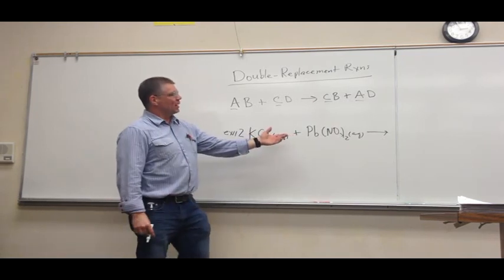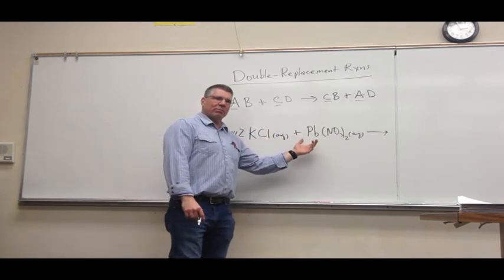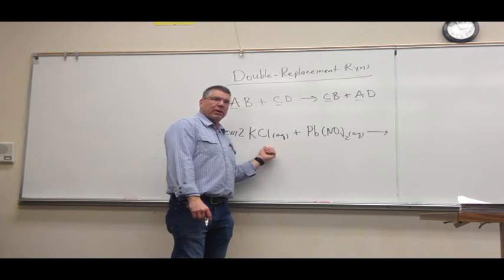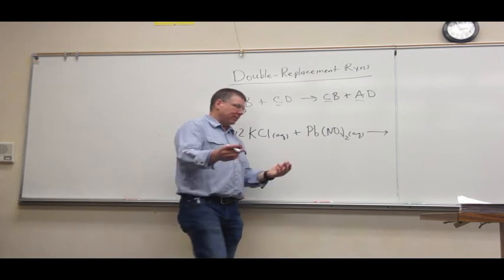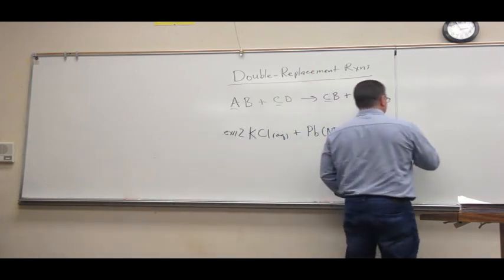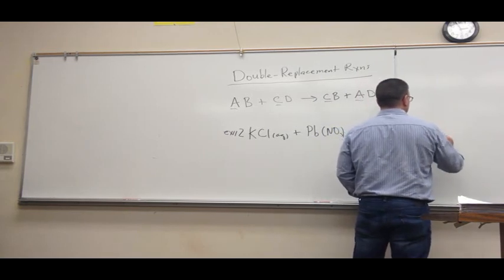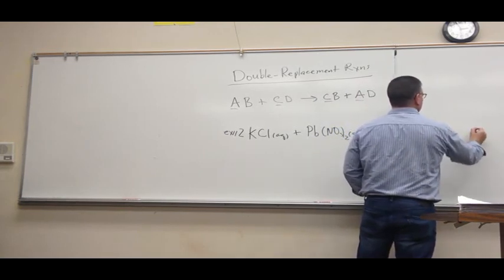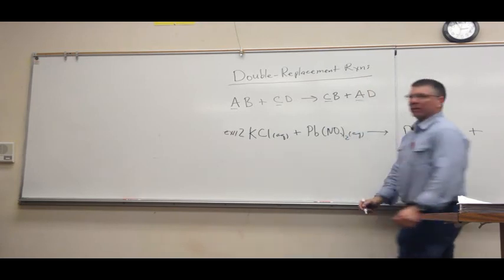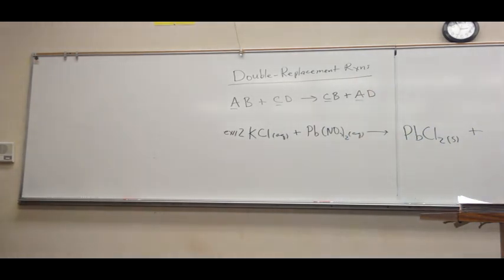What's the formula for the compound, at least potentially, that would form between lead-2 and chlorine? Yes. And what's the other compound on the product side then? Potassium nitrate.